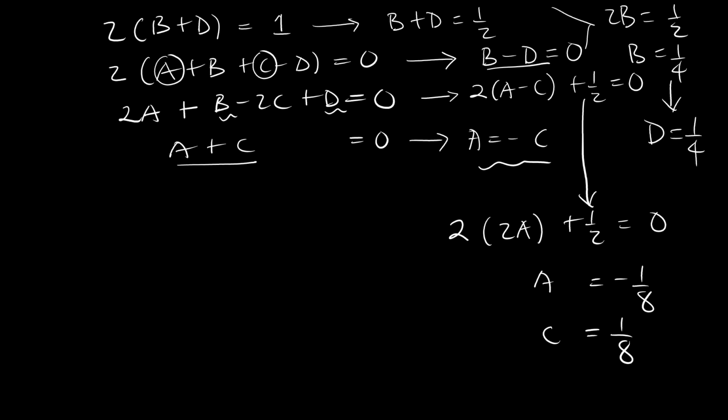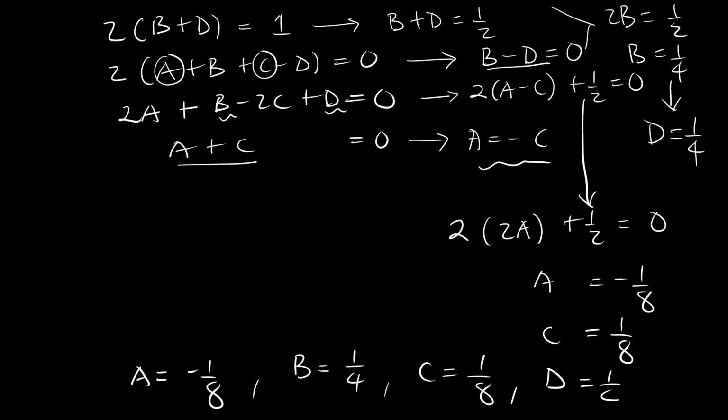Okay, so a is equal to negative 1/8, b is equal to 1/4, c is equal to 1/8, and d is equal to 1/4.